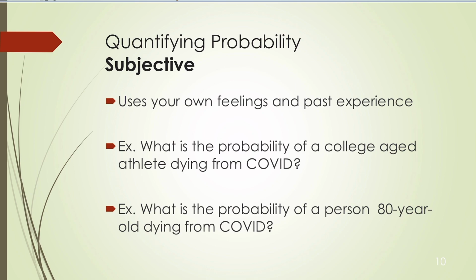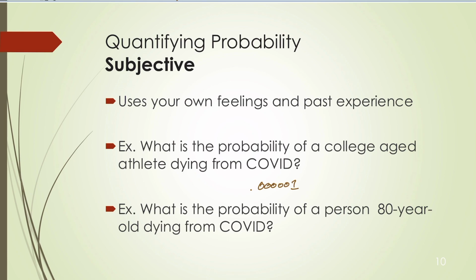So an example: what is the probability of a college student athlete dying from COVID? Your experience might be different from mine, but based on my experience, that probability is extremely small, like 0.000001, something like that.